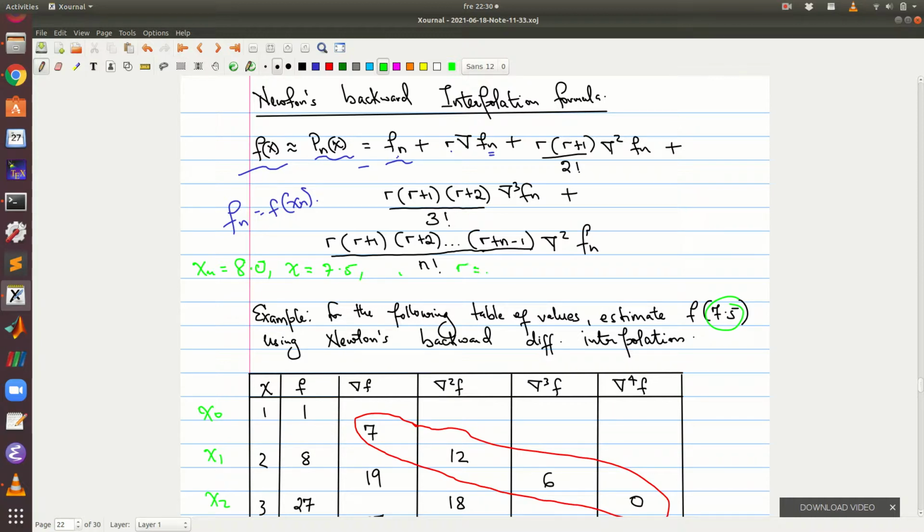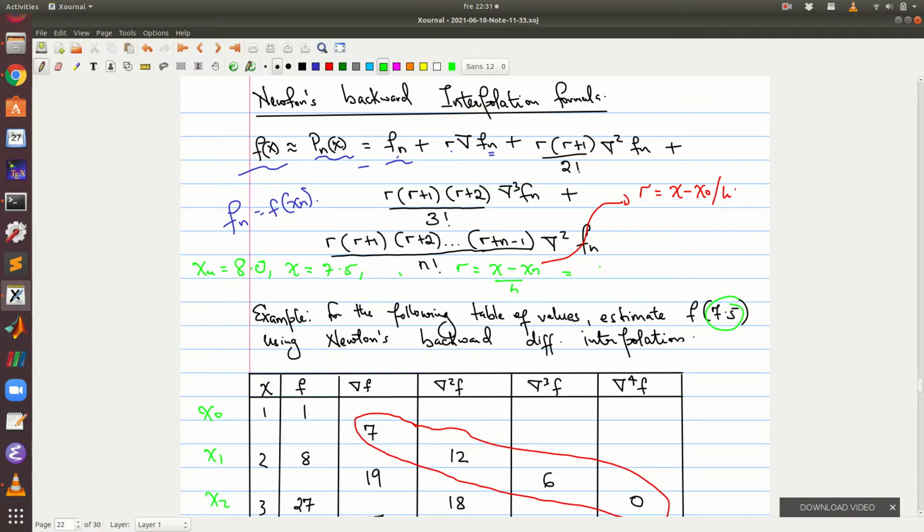r is x minus xn over h. Please remember, for the forward difference, how did we get our r? We said r was x minus x naught divided by h. But here we have x minus xn divided by h.